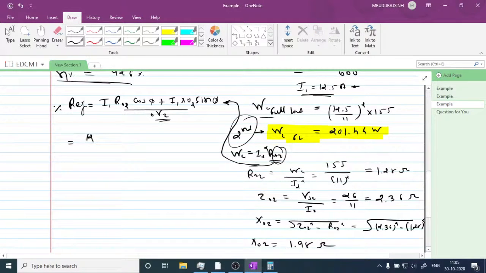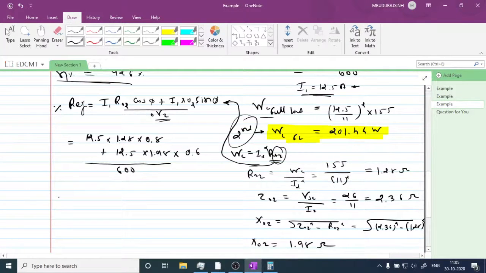Current is 12.5 multiplied by R02 which is 1.28 multiplied by cos phi, that is 0.8, plus 12.5 multiplied by X02 which is 1.98 multiplied by sin phi, that will be 0.6, because whenever cos phi is 0.8, sin phi is 0.6, and V02 is the voltage referred to the HV side, that is 600.